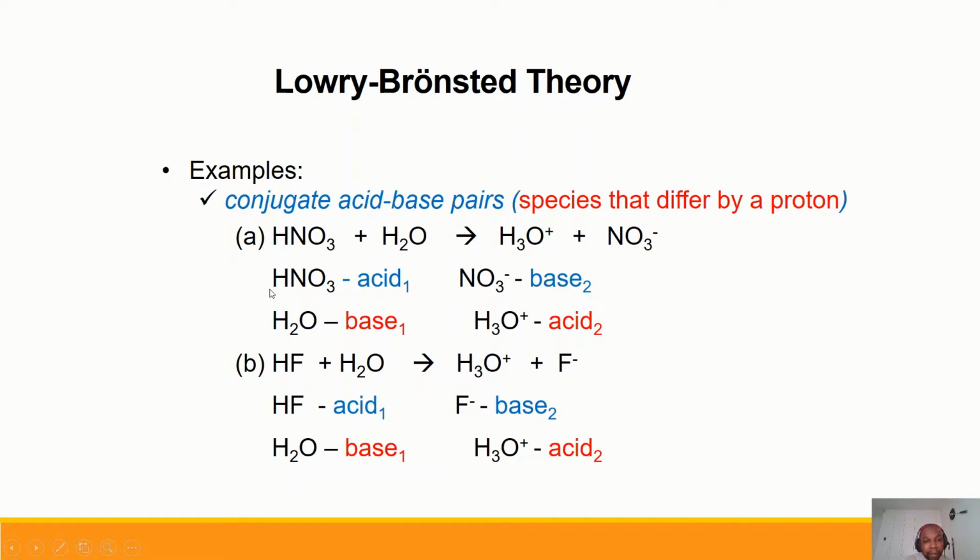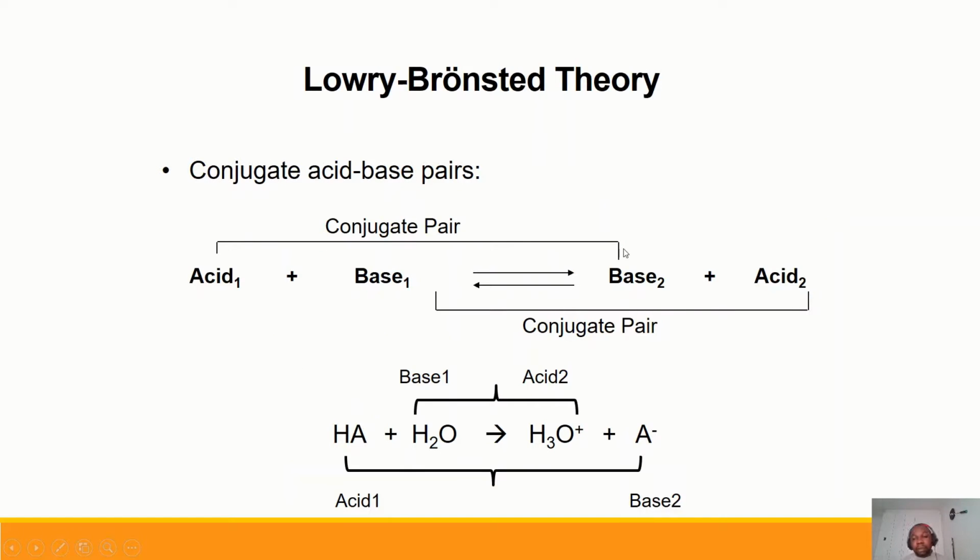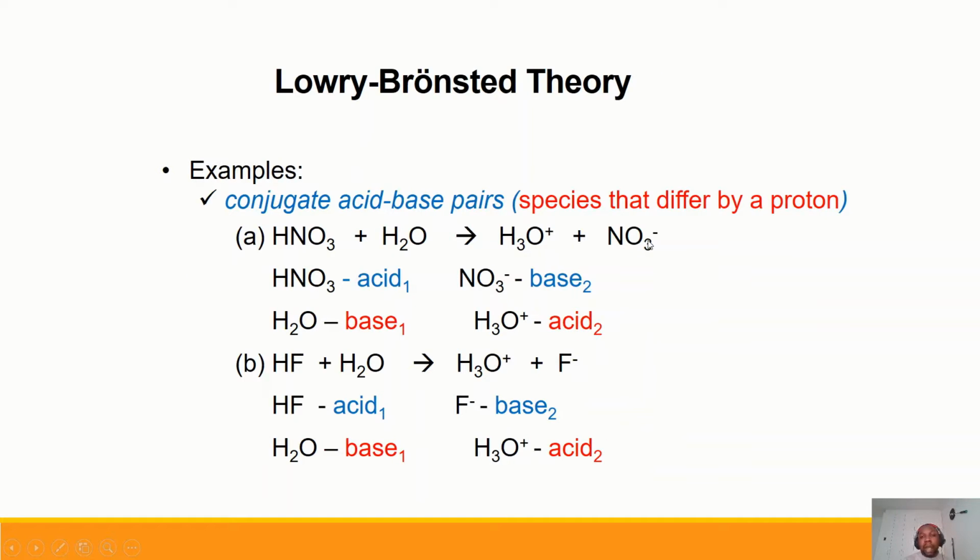So that's why nitric acid is the acid, beg your pardon, and then water is the base. So NO3 minus is going to be the conjugate base for nitric acid, and the hydronium ion is going to be the conjugate acid for the water.